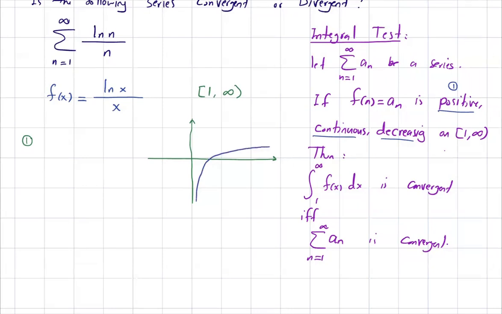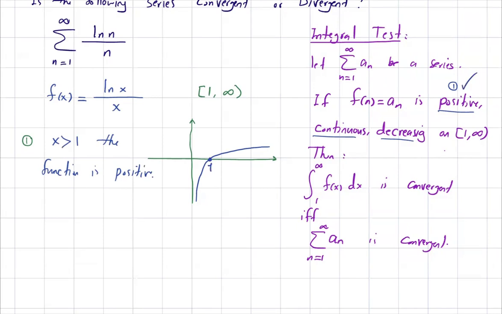But here we are taking 1 to positive infinity, so the graph is on the positive part of the y-axis. For any x more than 1, the function is positive. It hits the x-axis at 1. So the first condition is met.